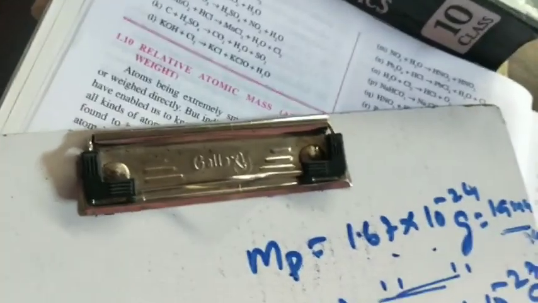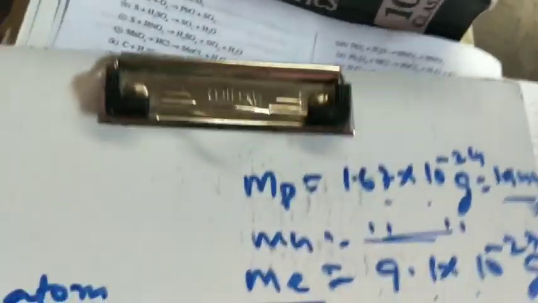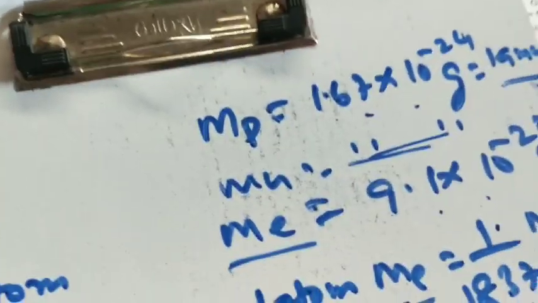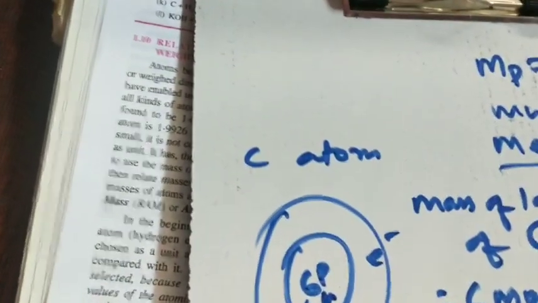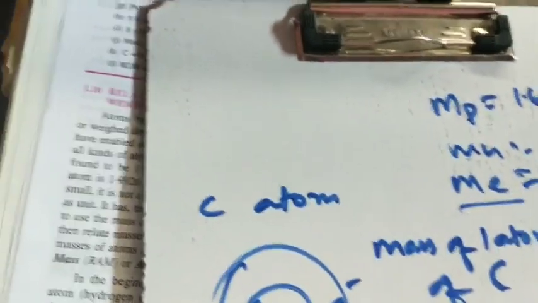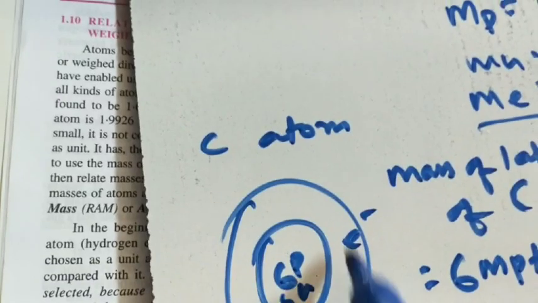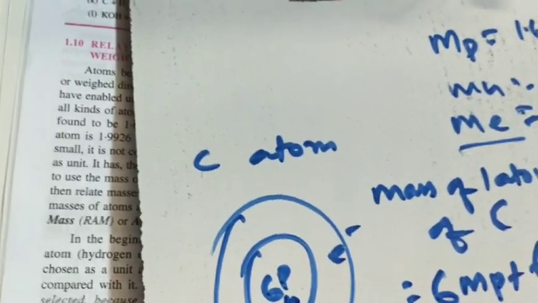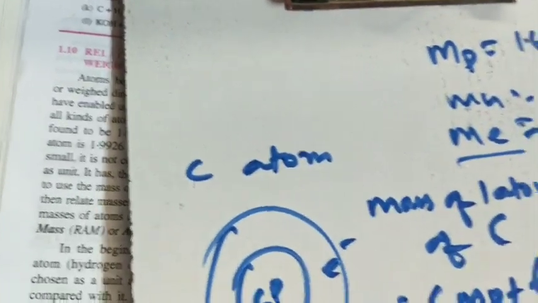So we find any atom's mass with respect to the mass of a proton. For example, we take carbon, because with respect to the mass of carbon we find the mass of any other element. That is appropriate according to the old standard. In a carbon atom, you know that there are 6 protons and 6 neutrons inside the nucleus and 6 electrons in the orbit.